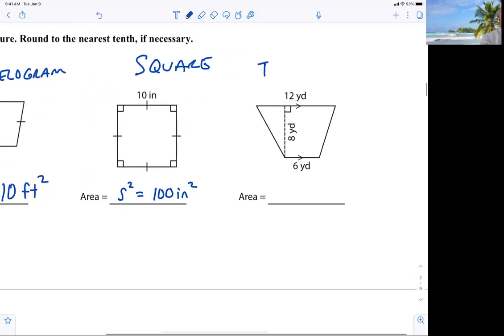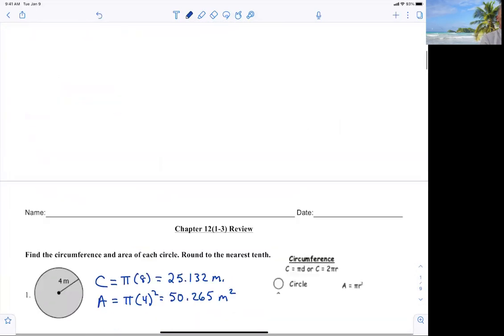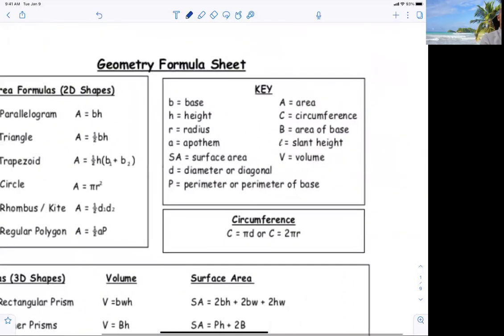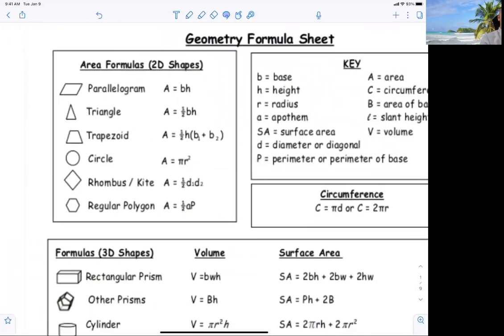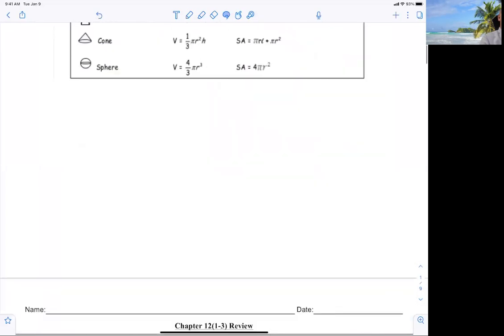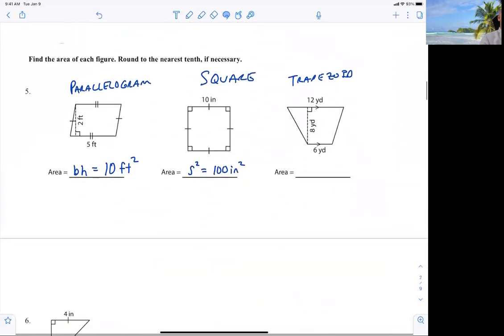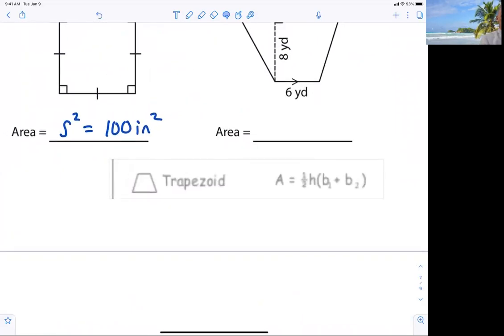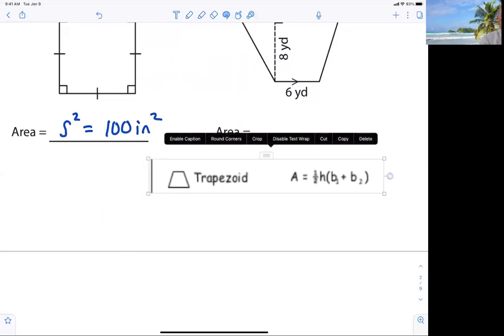It's called a trapezoid. Do you remember the formula for area of a trapezoid? Look back and see. That's what we're doing. Area of a trapezoid. Perfect. See what I'm doing here?